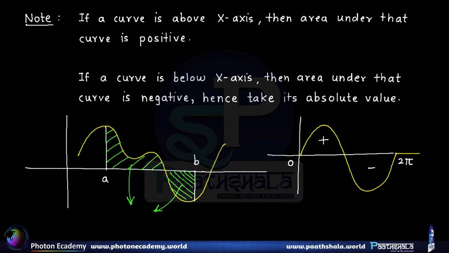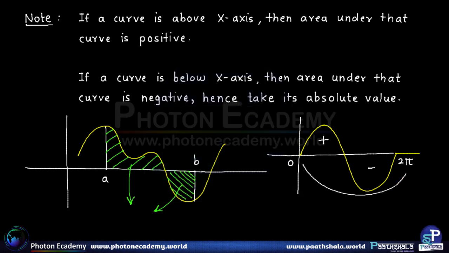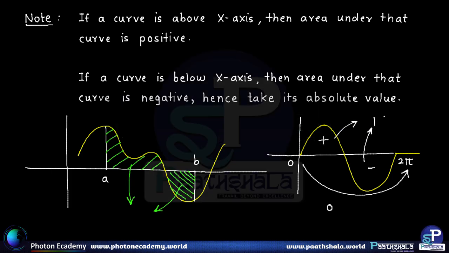So if we just straight away integrate from 0 to 2 pi, we will get the answer as 0, simply because positive and negative areas will cancel each other. So therefore, to avoid that, we take the positive area as it is, and for the negative area we consider the absolute value, that is, modulus.